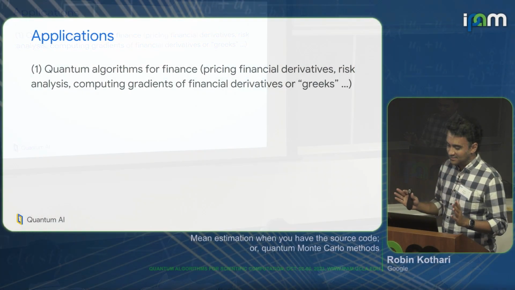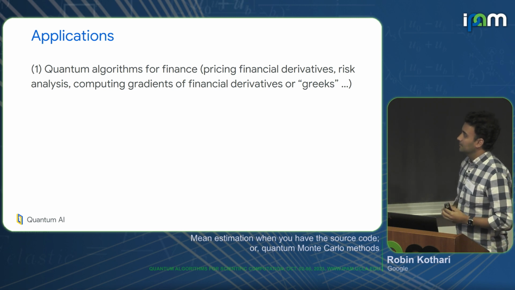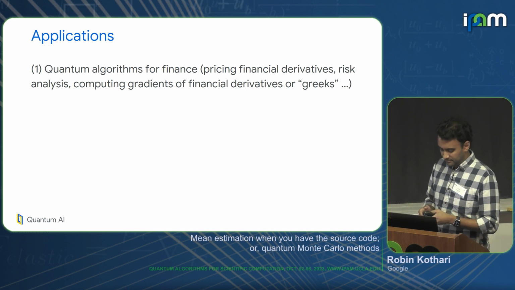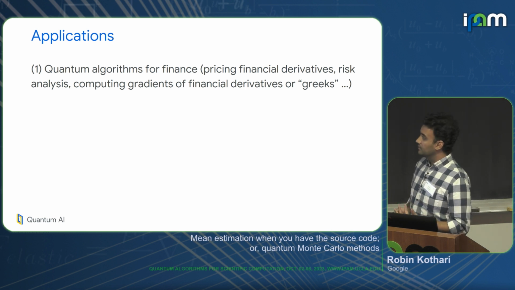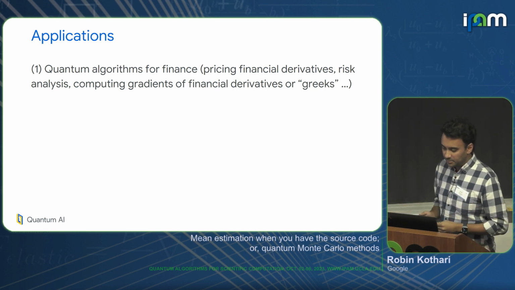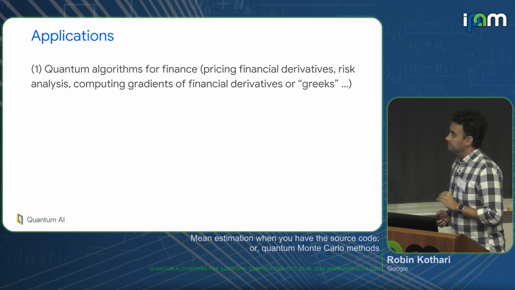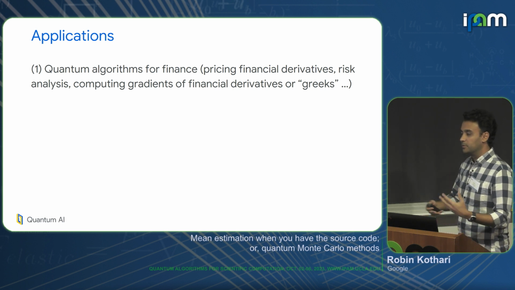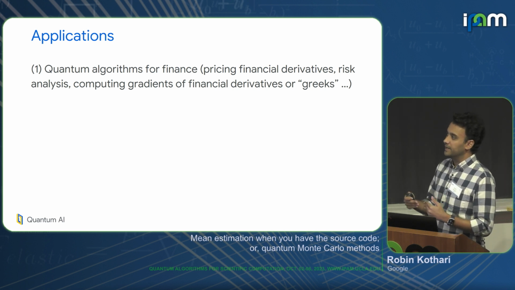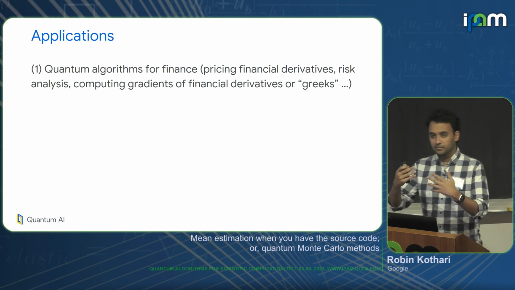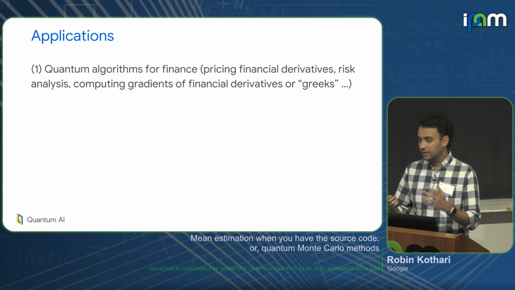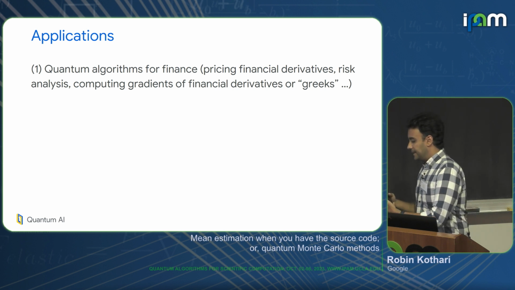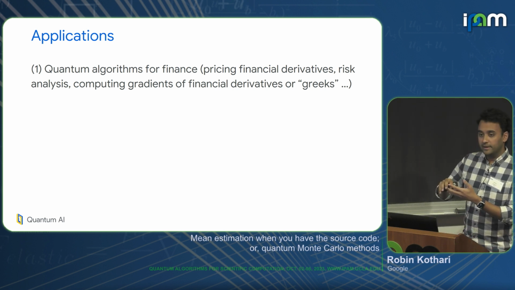There's a bunch of these things that people in investment banks do, and this is important for them because they want to trade or compute fair prices of financial contracts like options and so on. A very large class of them end up using Monte Carlo mean estimation at the end of the day. They do some probabilistic simulation of how the market will behave over time, and they'll have some probability distribution over what the price will be of, let's say, some specific stock, and then at the end you want to compute, and then you might have some function on top of that.